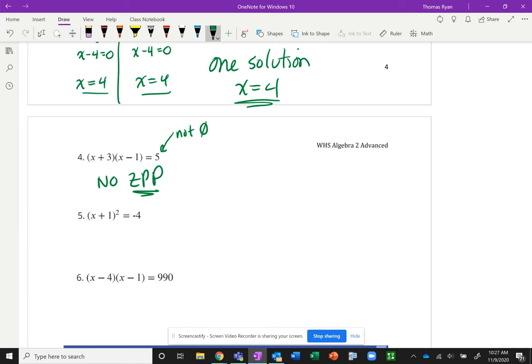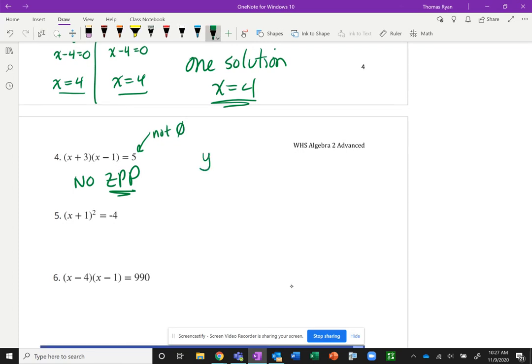So here's what I'm going to do, because I don't like to have to manipulate stuff. I just want to keep it as it is. So I'm going to graph the parabola, which is x plus 3, x minus 1, and I'm going to graph the line, which is 5. And I'm going to see, do they intersect?